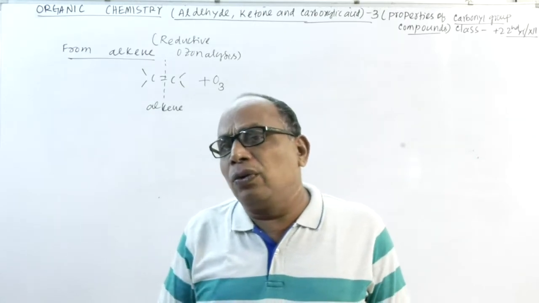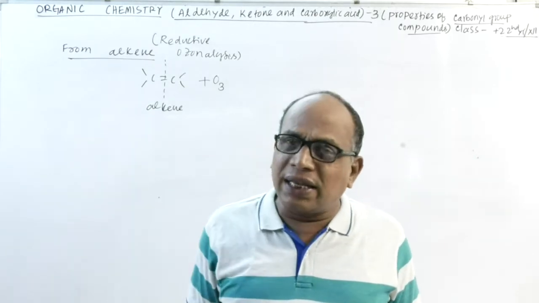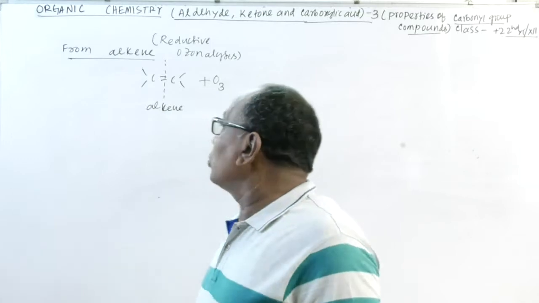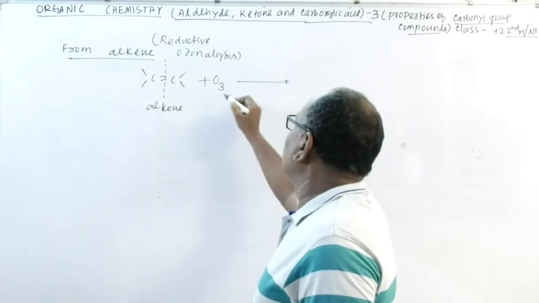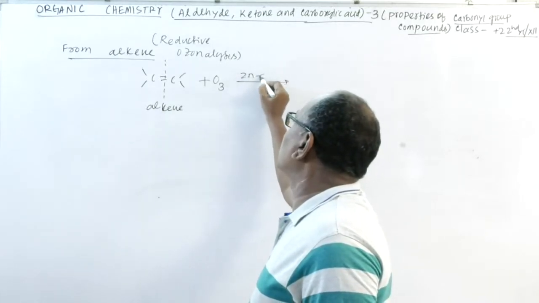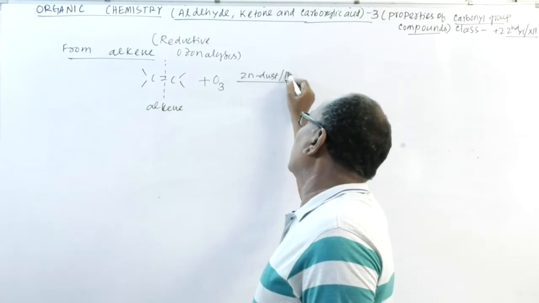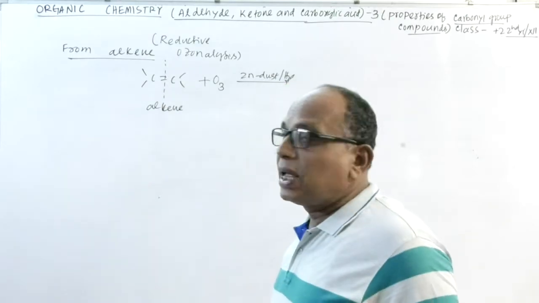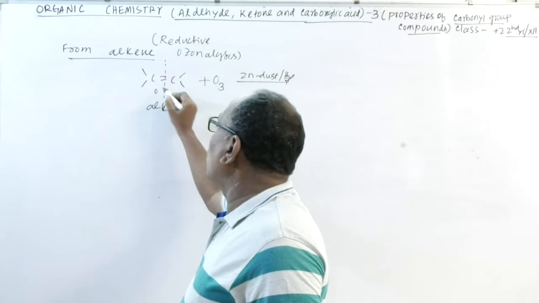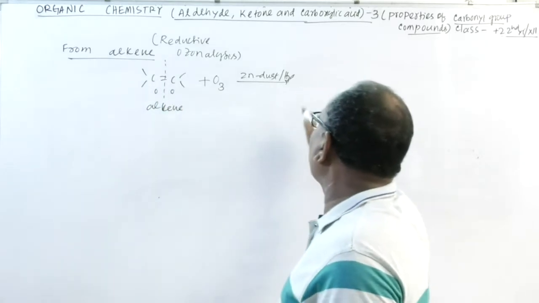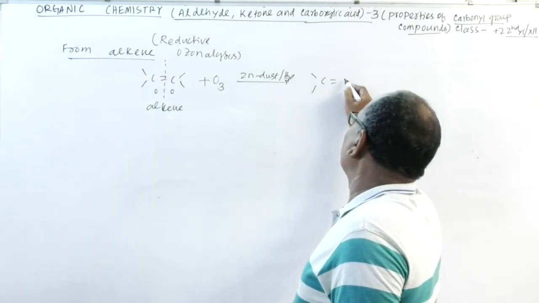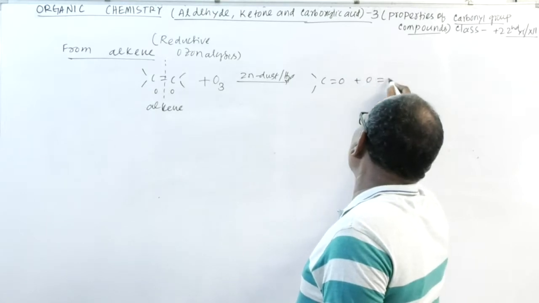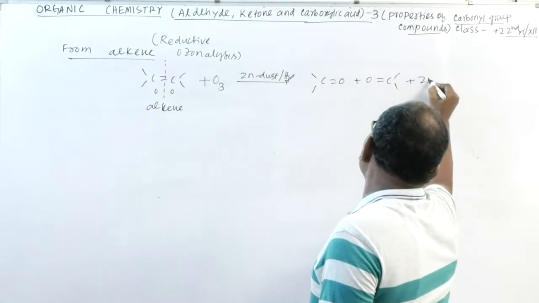I think you know the ozonolysis in our alkene chapter. When ozonolysis takes place in presence of zinc dust and water, that is called reductive ozonolysis, and the bond is broken here, with O on each side. This becomes a mixture of two carbonyl compounds, plus ZnO.